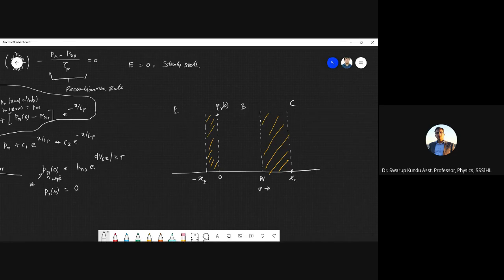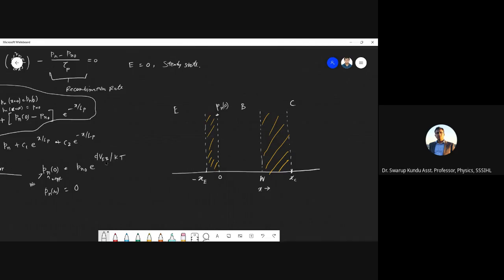So at the entrance point of the base, we'll have maximum hole concentration, and then the concentration will reduce because of diffusion. They are related by this equation, which we already studied: Pn0 equals Pn0 into e to the power qV_BE by kT.